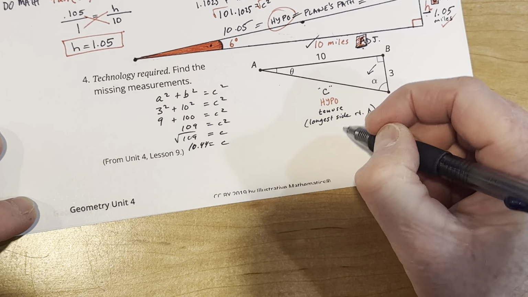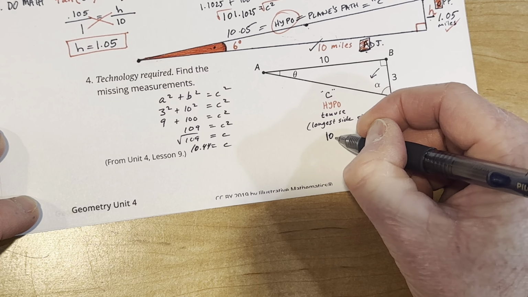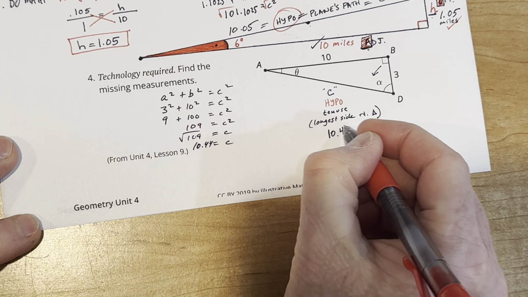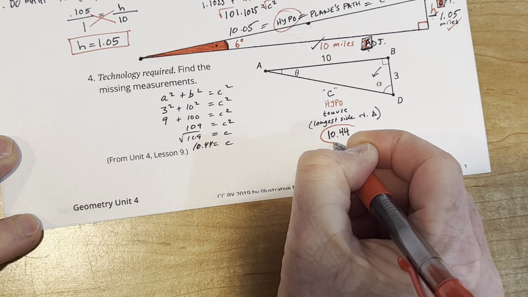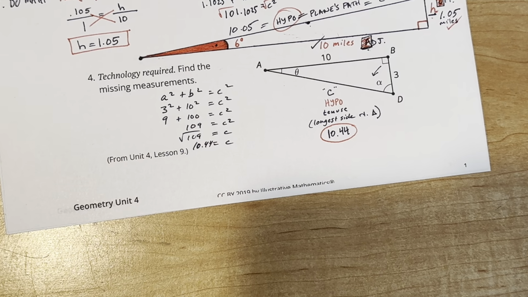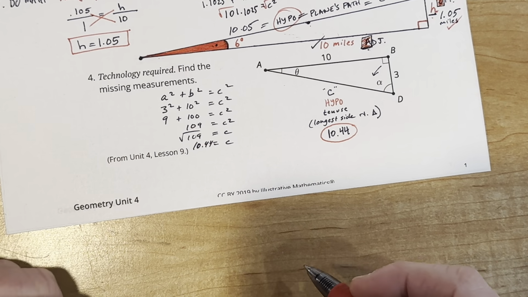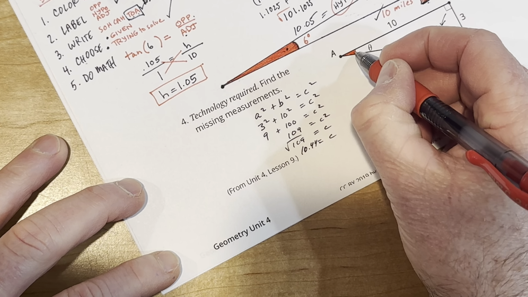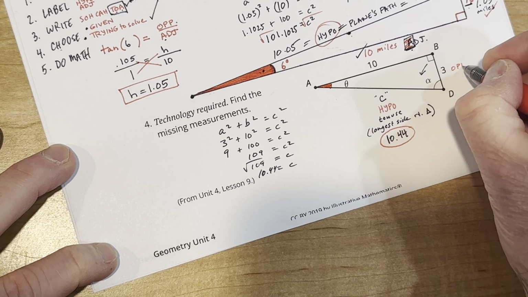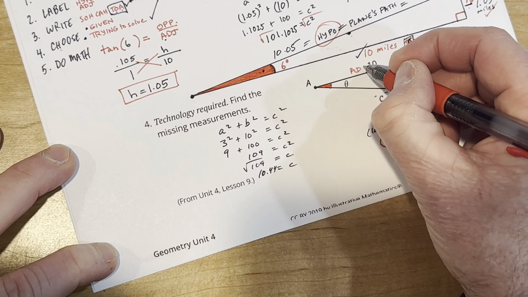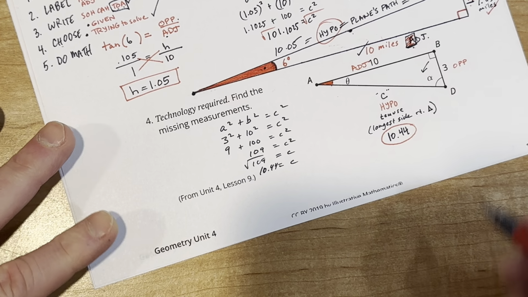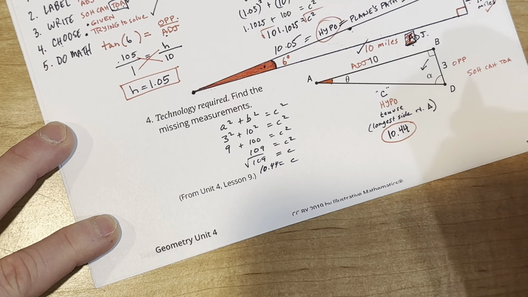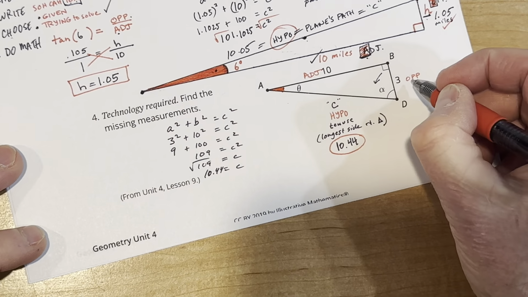Okay. 10.44. Got one of them. Okay. Now we need the angles. Color. Label. Right. Choose.